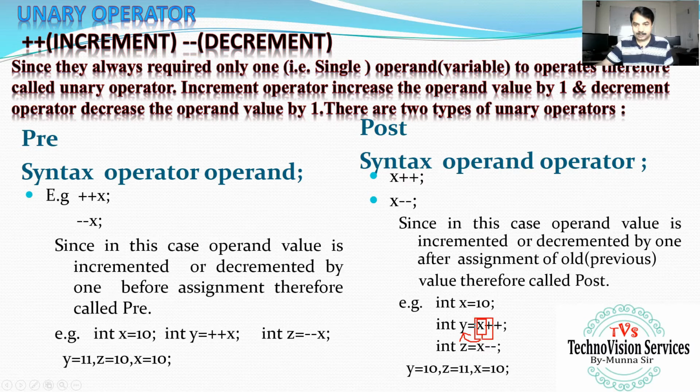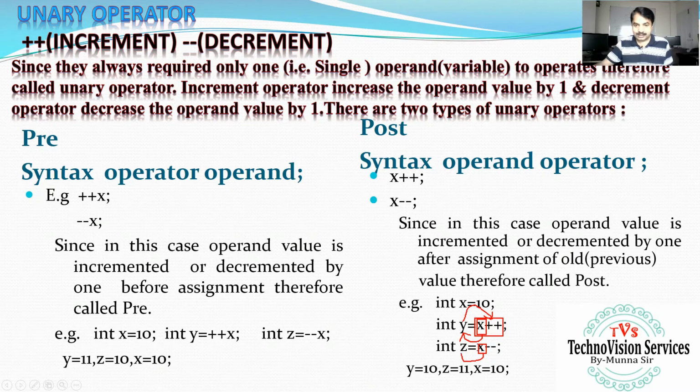At the line of the y variable we get the value 10, so y = 10 is assigned, and then the value is incremented by 1. Therefore x now becomes 11. So when it goes to the variable z, the value 11 is assigned to z.